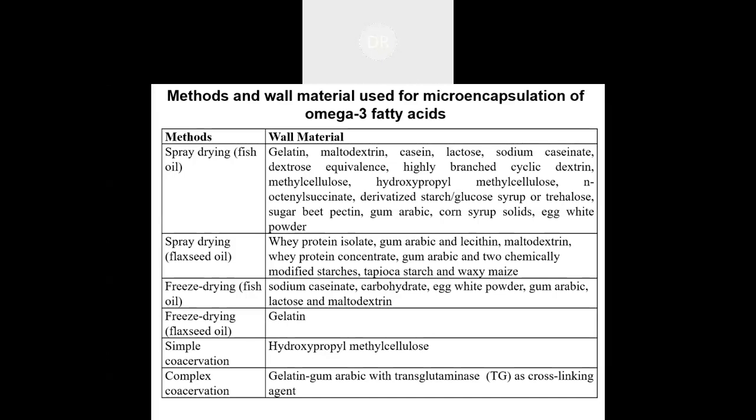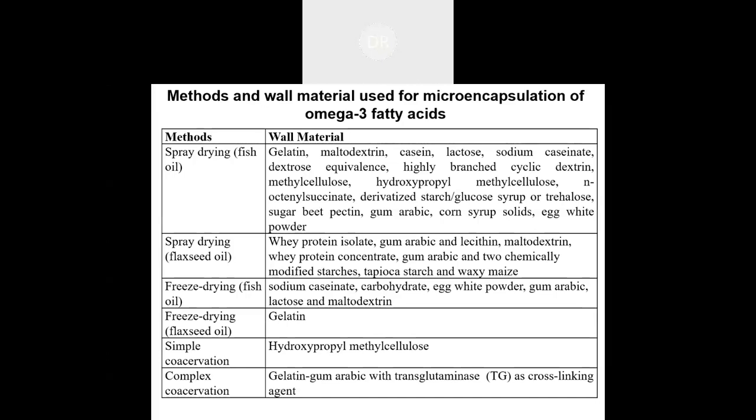Then freeze drying of the fish oil: sodium caseinate, carbohydrate, egg white, gum arabic, lactose, and maltodextrins can be used. Freeze drying of the flaxseed oil is generally carried out with gelatin.